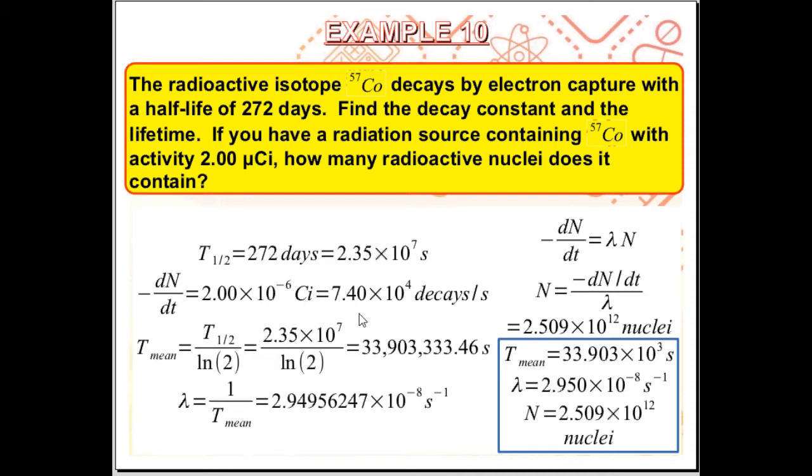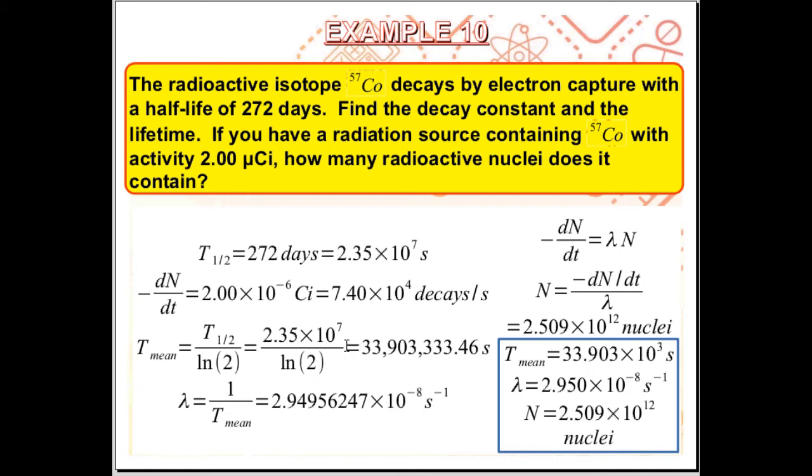This is equivalent to 7.40 times 10 to the 4th power decays per second. The lifetime is equal to half-life divided by ln of 2. Knowing the half-life, we are able to calculate the lifetime, 33.903 times 10 to the 3rd power seconds.